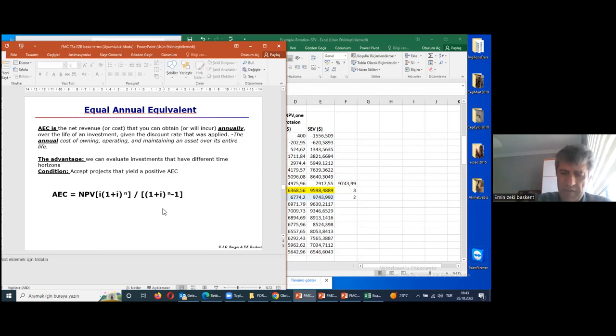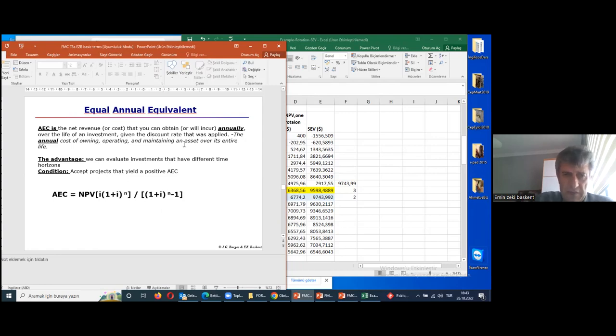If we have the annual net income calculated or expected, we could calculate the equal annual equivalent in order to compare the options we are looking for. So this means the equal annual equivalent financial criterion provides us the annual amount of net revenue, so that we can compare the other options based on yearly incomes.